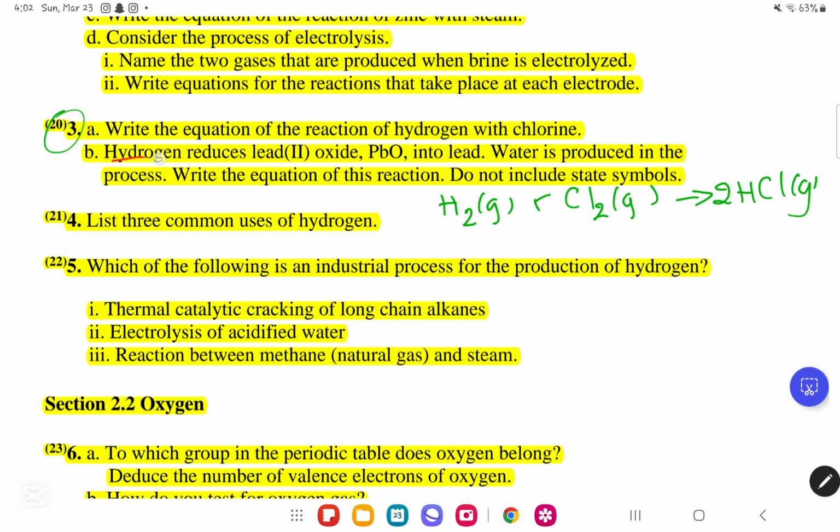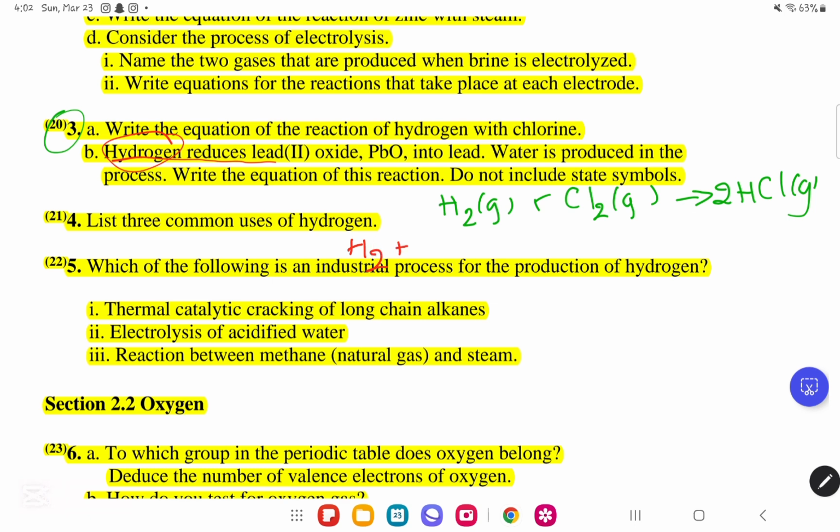So here they told us in part B, hydrogen reduces lead dioxide, PbO, into lead. Water is produced in the process. Write the equation of this reaction. First of all, hydrogen is in our reactants. It reduces PbO, which is also our other reactant. You should know that they said do not state the symbol, so without the gas.